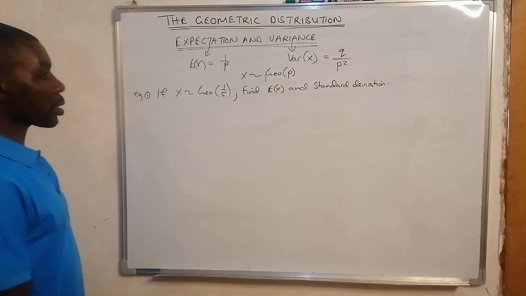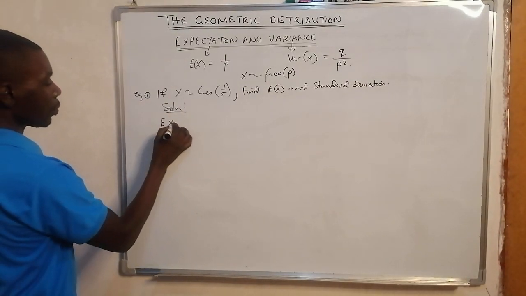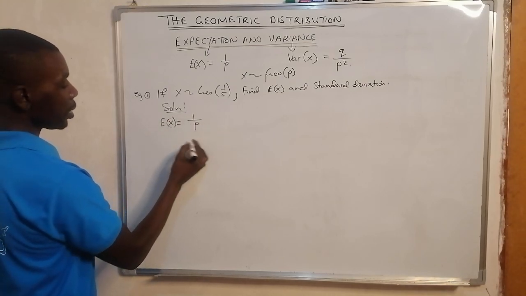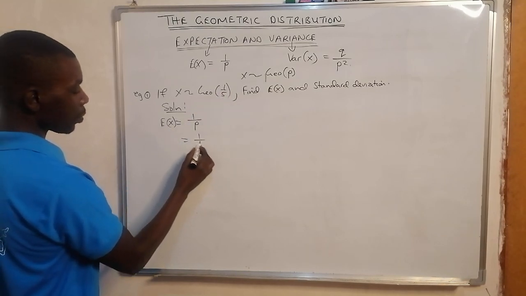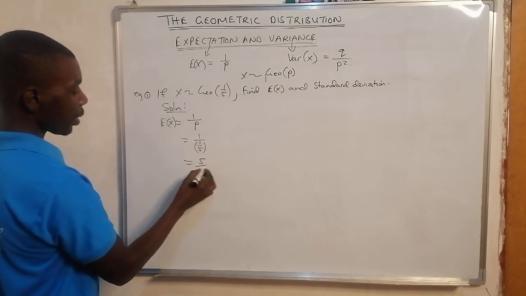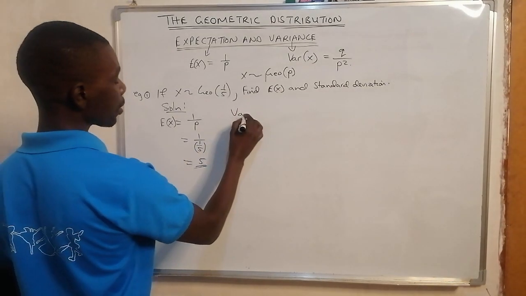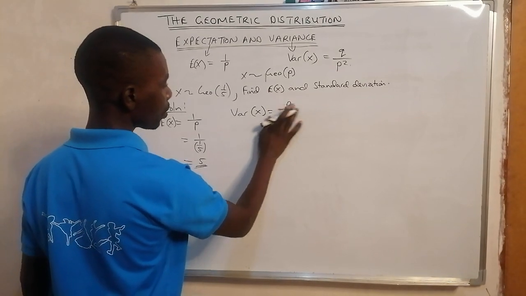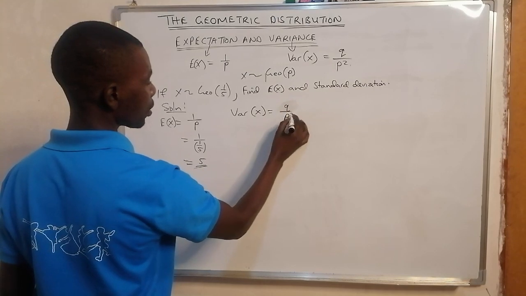Right, solution for E of x. Remember, E of x is the same as 1 over p, which is 1 over our probability of success, 1 over 5, which is 5. Then variance of x is given by q over p squared.